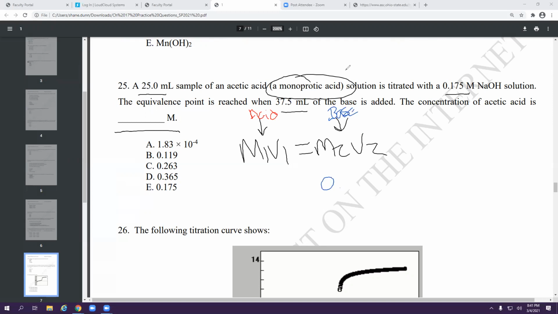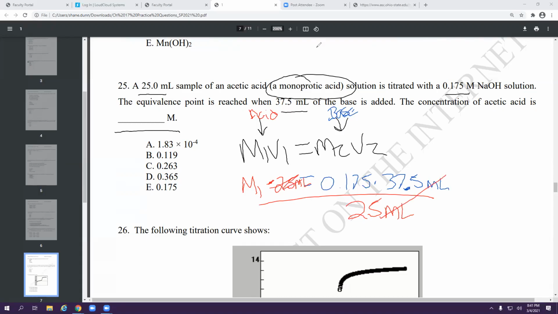So 0.175 times 37.5 milliliters is equal to M1 times 25 milliliters.